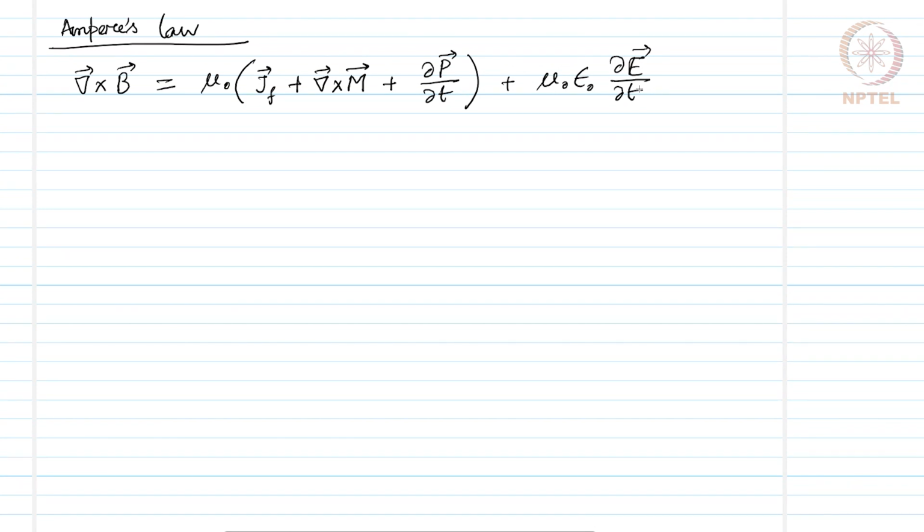Now, in terms of the H field, we can write curl of H equals Jf plus del D del t, where H is given as 1 over mu naught times B minus the magnetization vector, and D is the electric displacement vector.